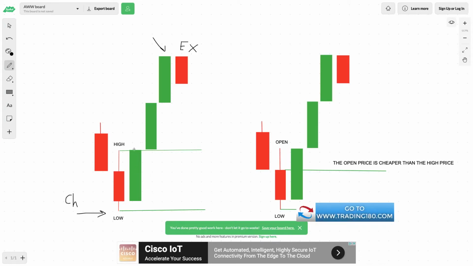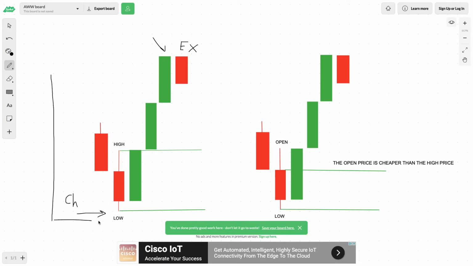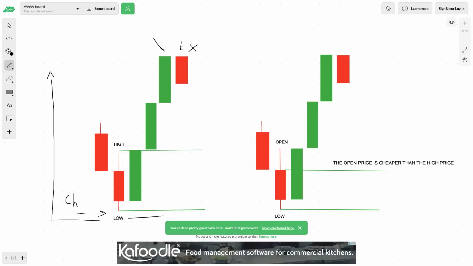Now if we look at the actual zone and where we want to buy in the zone, the high of the candle compared to the open of the candle, which price would you say? If we're looking at a price chart, this would be price and this would be time across the horizontal axis.